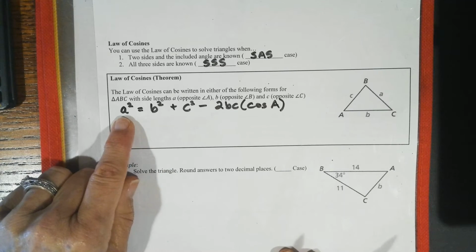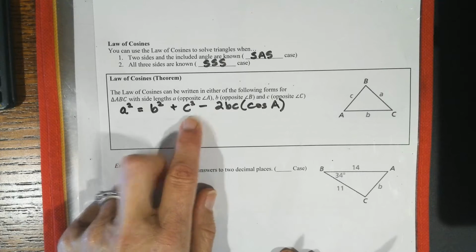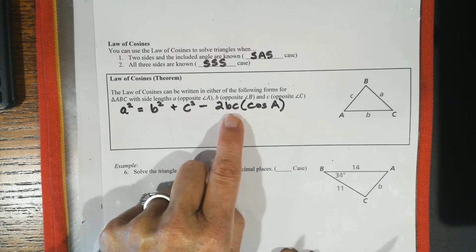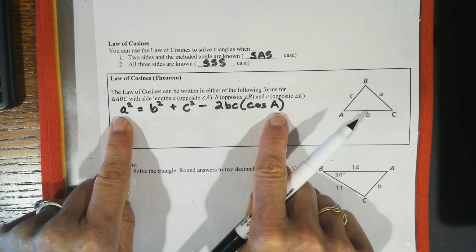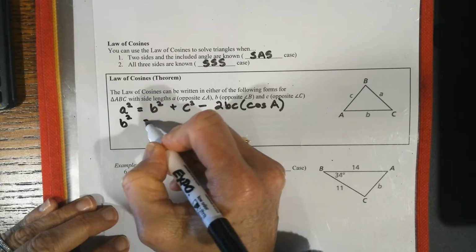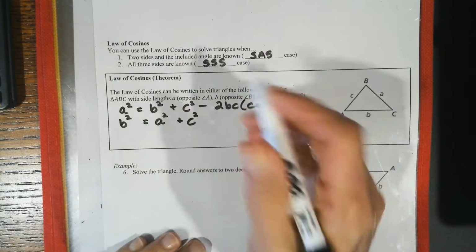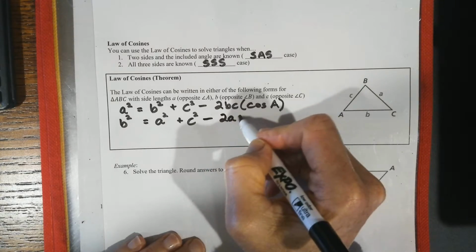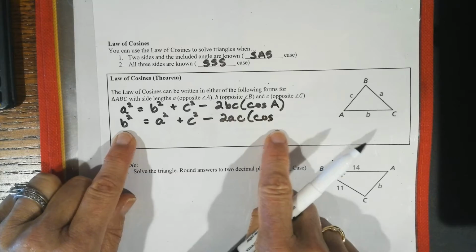It's the side, and it equals the other two sides, and then minus 2 times those two sides times the cosine of the angle that's across from the side you're looking for. So here's the second way. B squared equals a squared plus c squared, the other two sides, minus 2ac times the cosine of the angle you're looking for, which is B.